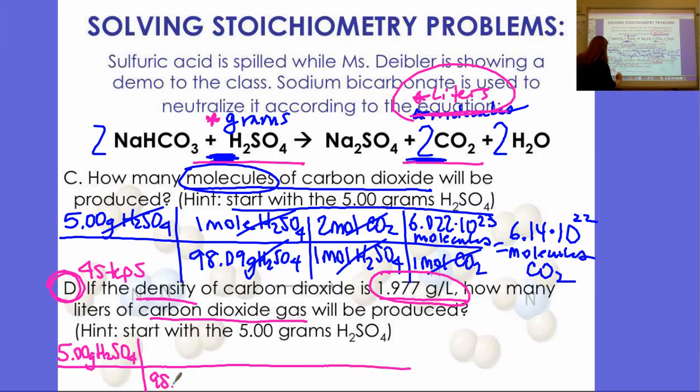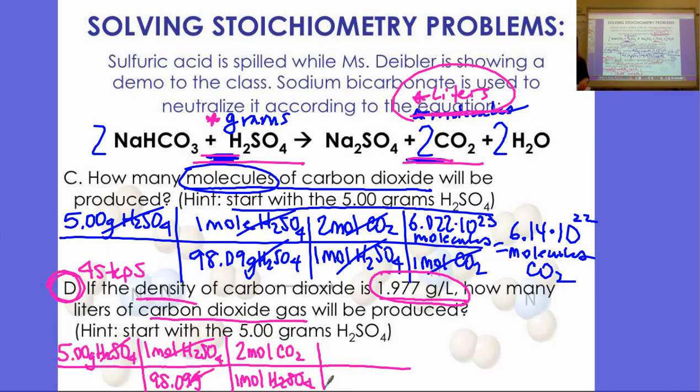I need my molar mass again. 98.09 grams of H2SO4 is 1 mole of H2SO4. I got to get my ratio 1 to 2. The 1 has to go on the bottom because that's set with the H2SO4, 2 moles of CO2.